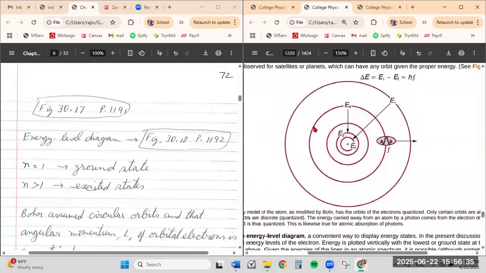These radii of the orbits have certain fixed values. You can't have an orbit which is between these. It's either this or this or this or this, but nothing in between.